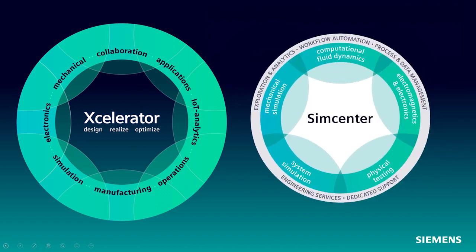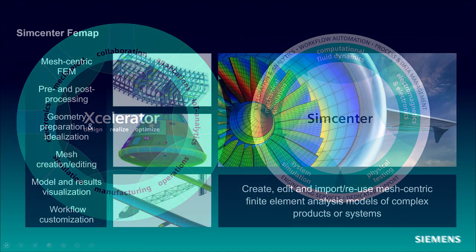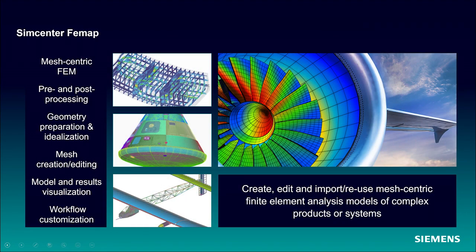Simcenter, a key part of Accelerator, is a flexible, open, and scalable portfolio of the best predictive simulation and test applications that support customers at every step in their digital journey. The portfolio covers the full breadth of methodologies for engineering, covering system simulation, mechanical simulation, CFD simulation, electromagnetics, and electronics cooling and physical testing. And inside of Simcenter is Simcenter Femap.